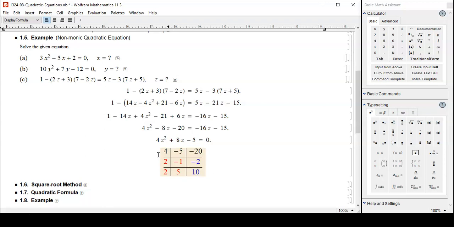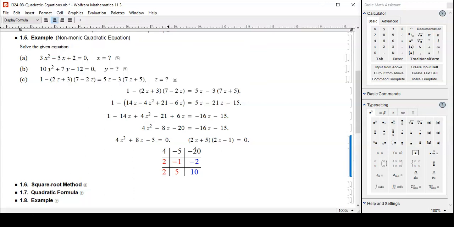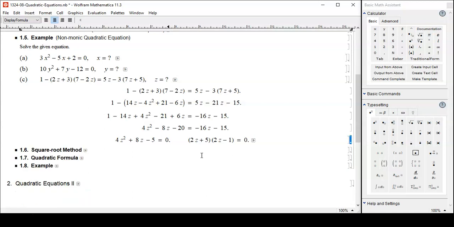So let's do cross multiplication. 2, 5. 2z plus 5. And then 2, negative 1. 2z minus 1 equals 0. I don't need this tic-tac-toe anymore because I got the factorization.